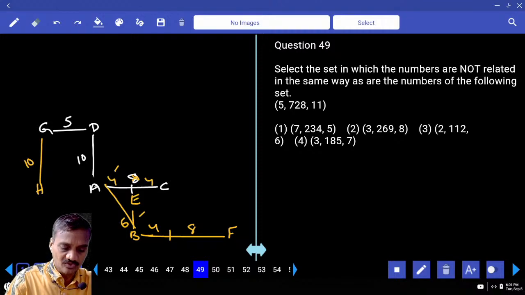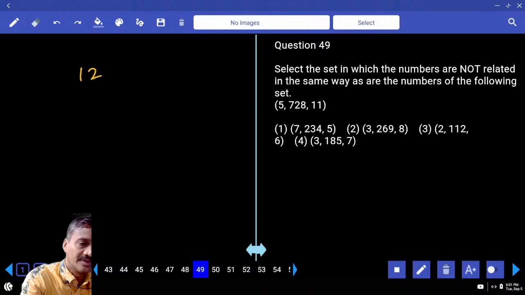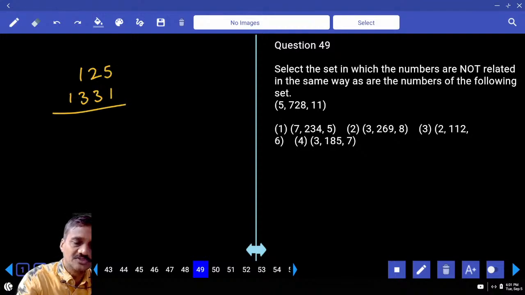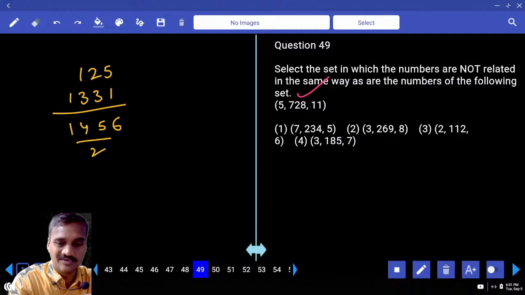What is 5 cube here? 125. And what is 11 cube? 1331. Now the sum of these two is how much? 1456. Divided by 2 is how much? 728. That means it is the average of the sum of the cubes of these two.